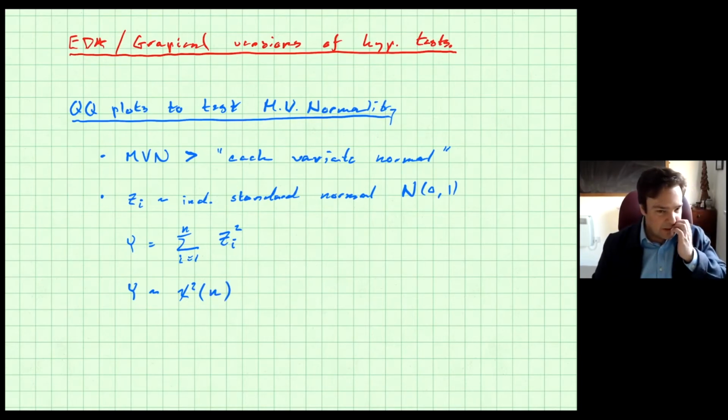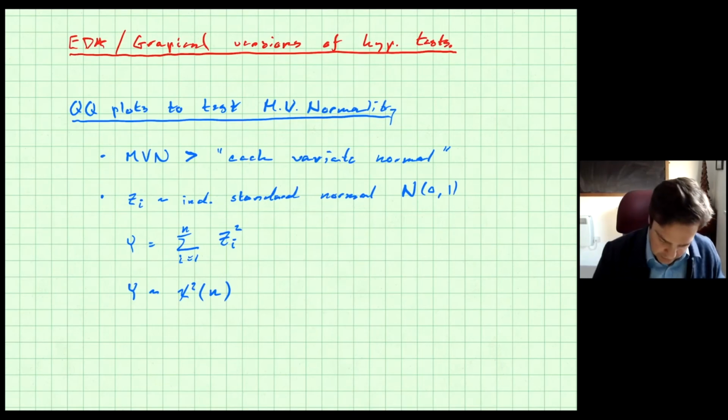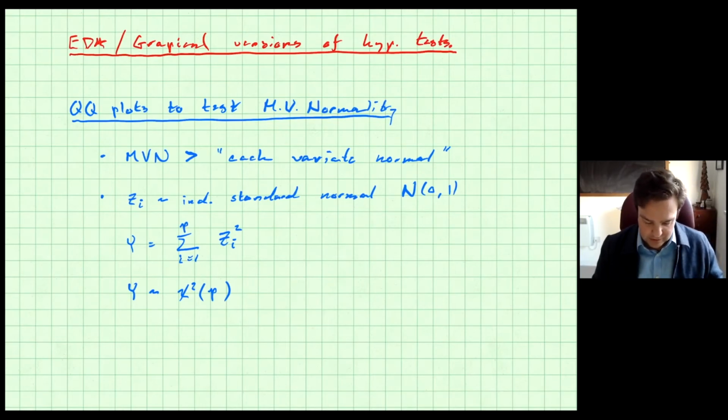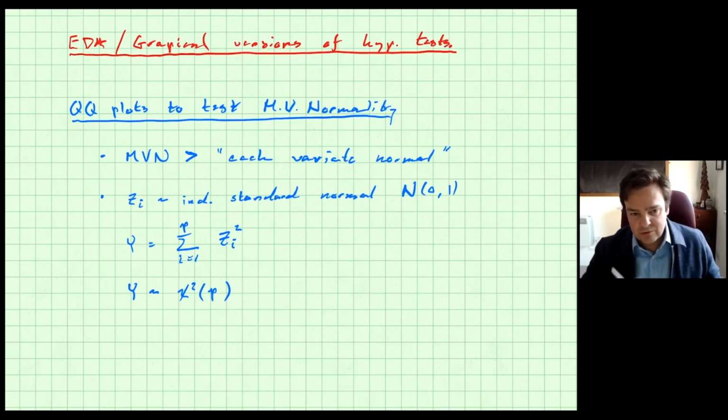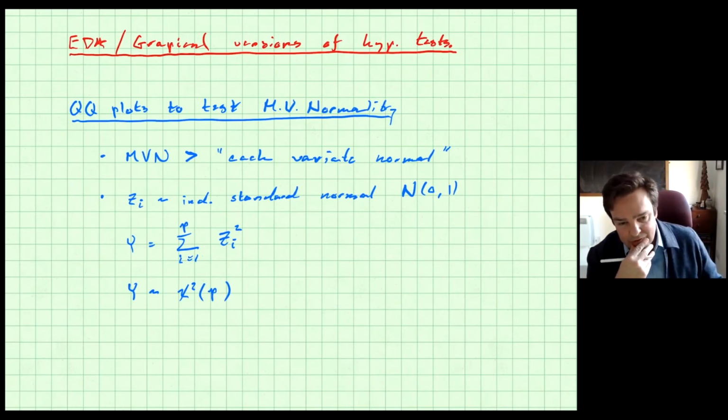Sorry, I shouldn't be using n here. I should be using p. It's the number of variates that you're looking at. So this thing should have a chi-squared distribution with p degrees of freedom.